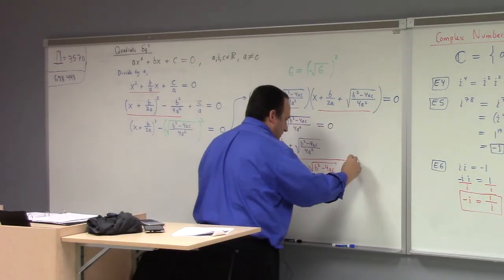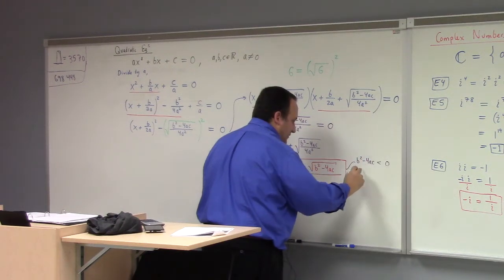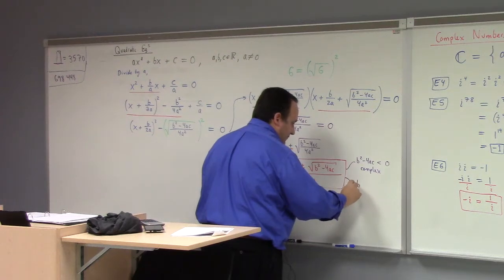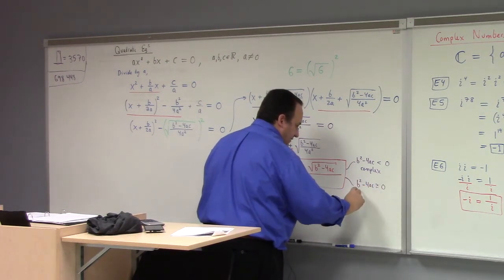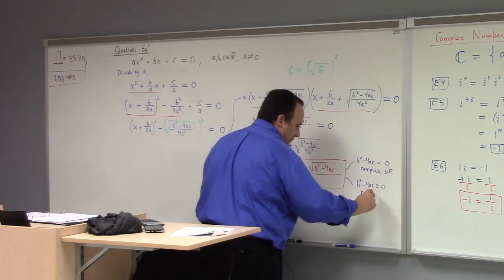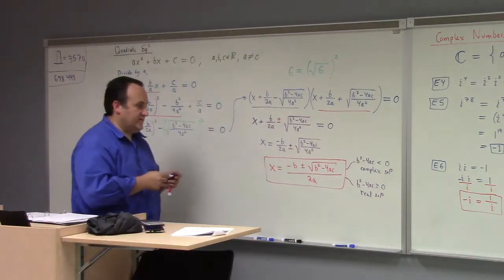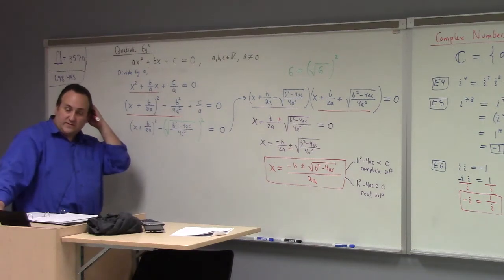So like b squared minus 4ac is less than 0. It's complex, right? On the other hand, if b squared minus 4ac is greater than or equal to 0, you have a real solution. See how the formula works? If the thing going into the square root is negative, it's a complex solution.